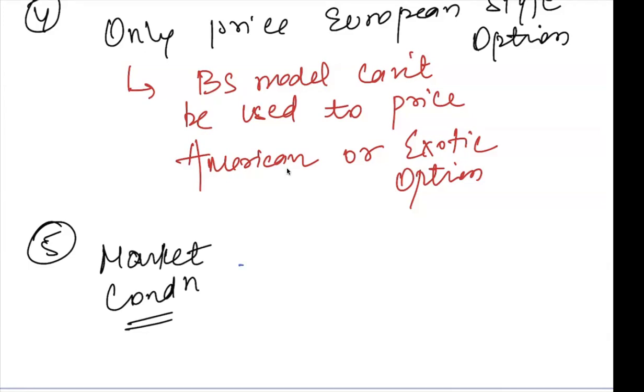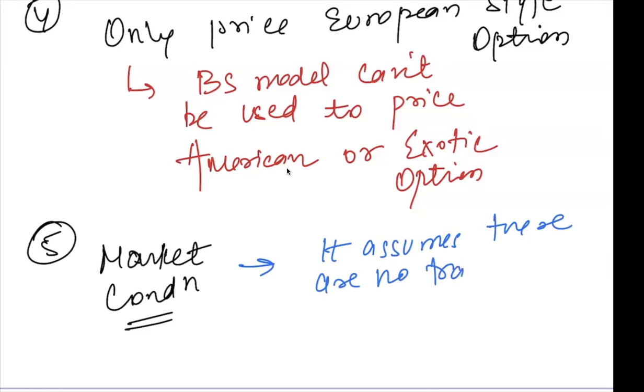So this condition gets violated. Whenever you execute an option contract, you need to pay for the transaction you are doing. So this is again one of the limitations. Also, one of the limitations is the assumption of log normal distribution.